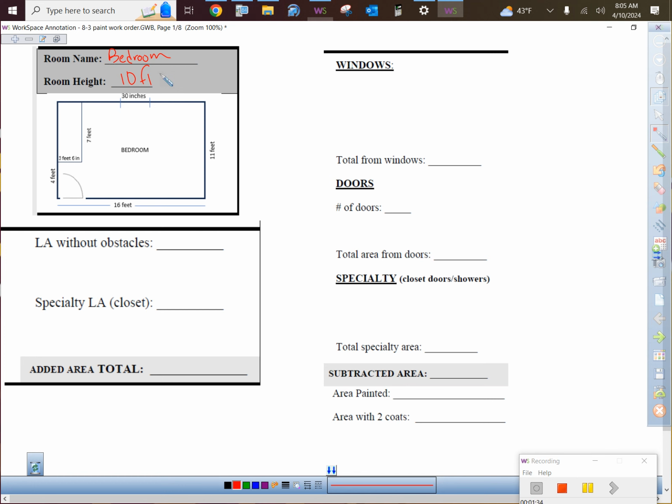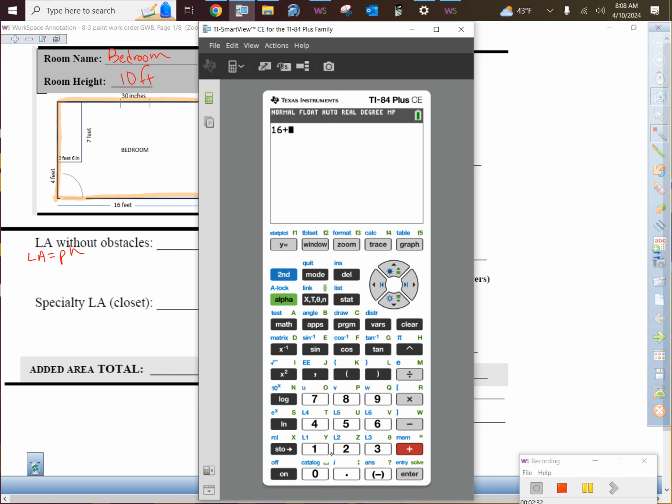All right, so let's find the lateral area. Would you believe, without obstacles, if I was to highlight, I'm just saying I want to paint all of that, without obstacles. So we'll do just a little bit of work. The work shown is important. I need the perimeter of the base times the height. Let's add it up. It's 16 by 11, so we'll do 16 plus 11 plus 16 plus 11.